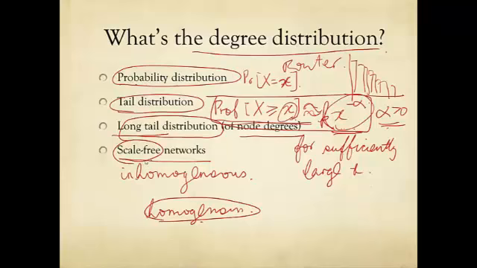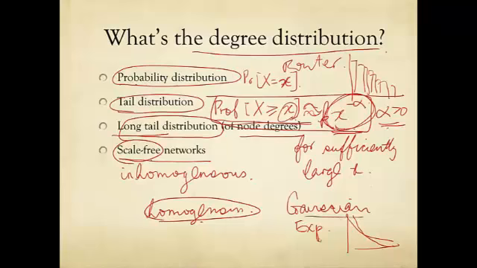So homogeneous in what? And scale-free in what sense? Well, it turns out that a lot of distributions, such as the Gaussian or normal distribution that we are so familiar with, or the exponential distribution, have tail distributions that decay much faster than this x to the power minus alpha. And therefore, they do define a specific scale.